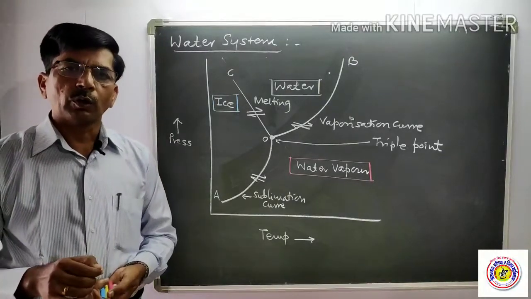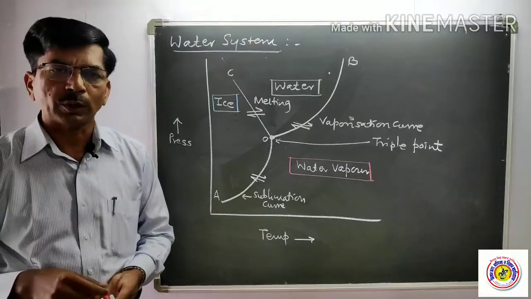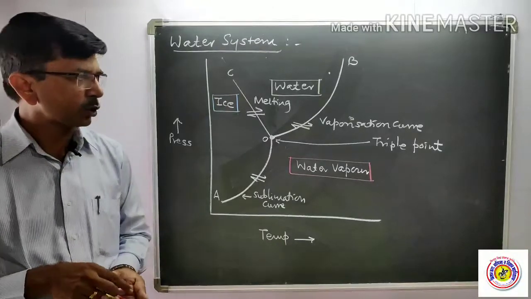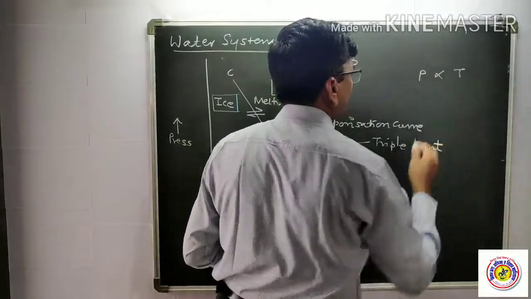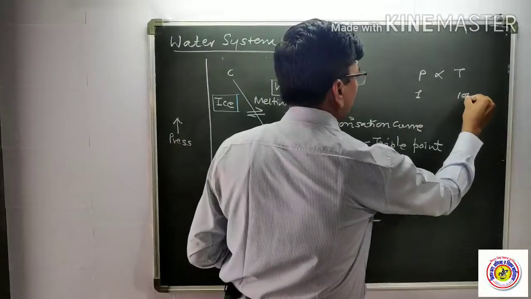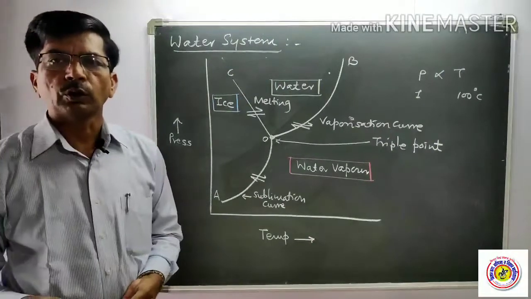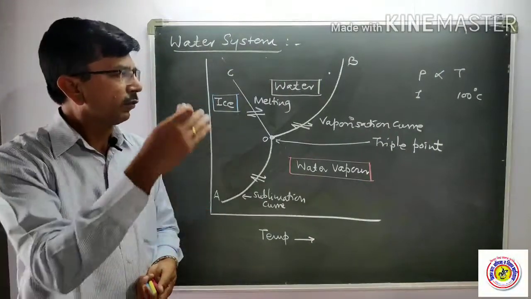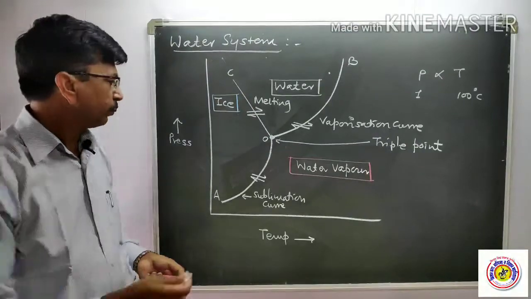The boiling point of water is 100 degrees Celsius at 1 atmospheric pressure. There is a direct relationship between pressure and temperature. If we increase the pressure, the boiling point of water also increases, and if we decrease the pressure, the boiling point of water decreases.